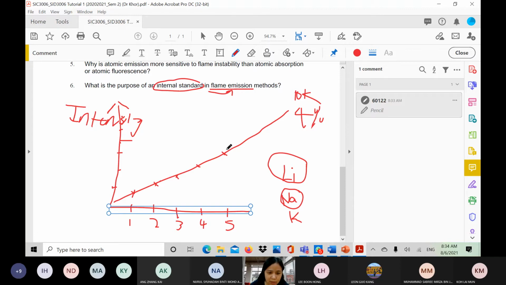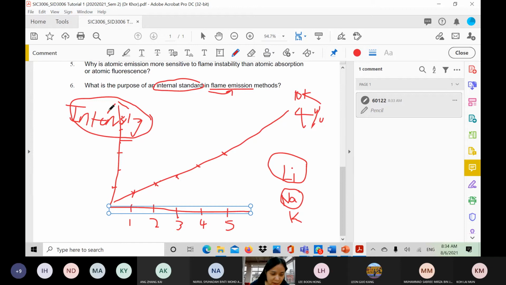More reliable calibration plot. Because with this calibration plot, if we only base it on the intensity measurement, the signal is the emission intensity, so we call this an absolute intensity. The intensity is based on the concentration. Of course, we know that intensity will increase if the concentration of our target analyte increases, right?